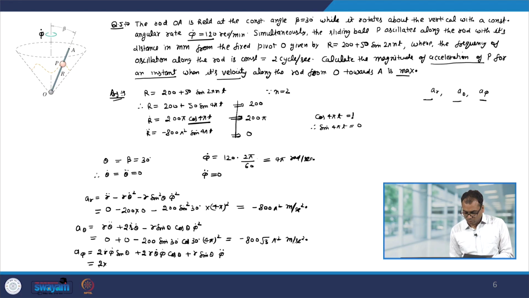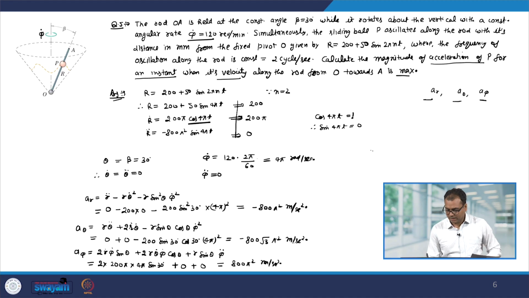This is equal to 2 into r dot which is 200 pi, phi dot is 4 pi and sin 30 degree, plus 2 r theta dot which is 0, plus r sin theta phi double dot which is also 0. So therefore this comes out to be 800 pi square meter per second square.